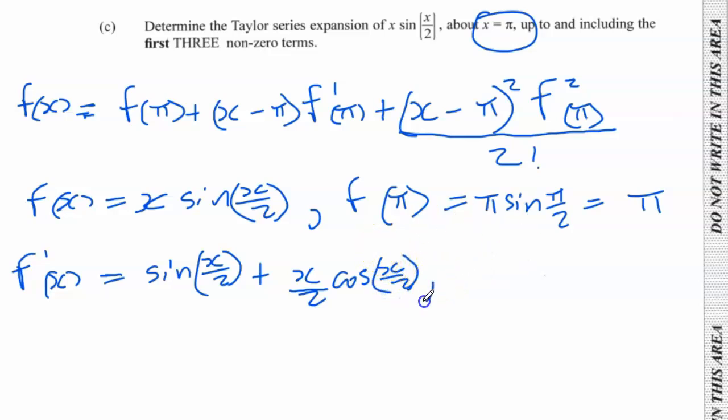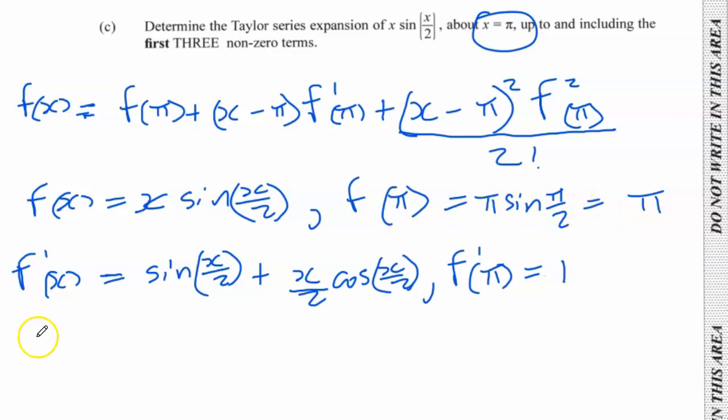And then we can substitute pi to get f prime pi. We get sine pi over 2, that's 1, and cos pi over 2, that's 0. So f's first derivative evaluated at pi is 1.